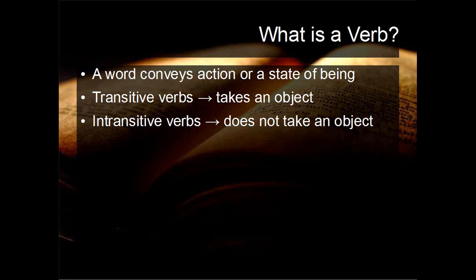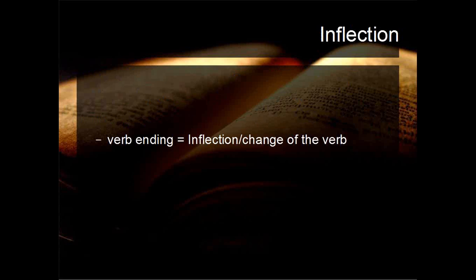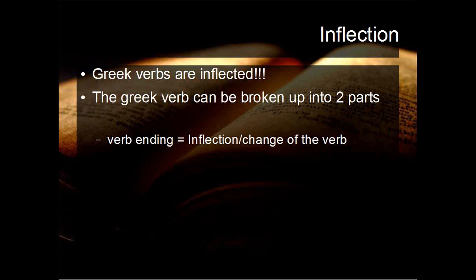All right, let me continue on, and let's talk about verbs in the Greek. Just ignore that for right now. I apologize for that. But Greek verbs are inflected! Just like nouns are inflected, meaning they change, Greek verbs change as well, okay? And so the Greek verb can be broken up into two parts, just like nouns.